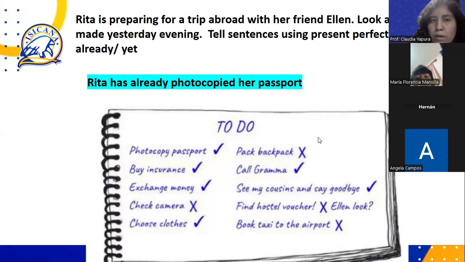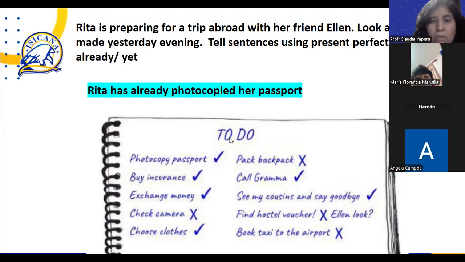Yes, I'm considering only already and yet. Yes, Rita is preparing for a trip abroad with her friend Ellen. Look at the list she made yesterday evening. Tell sentences using the present perfect with already and yet. For example, Rita has already, because we have a tick, has already photocopied her passport. Yes.